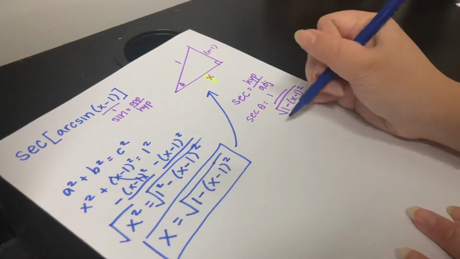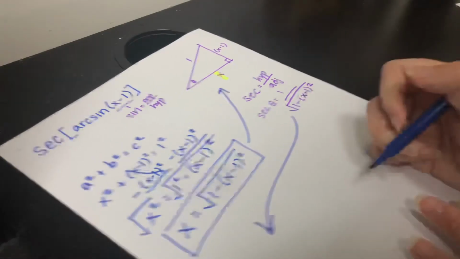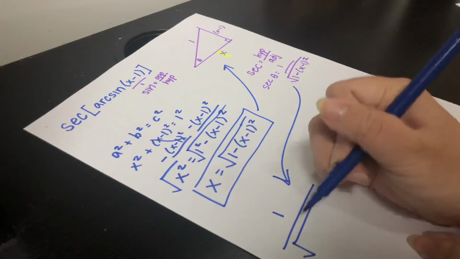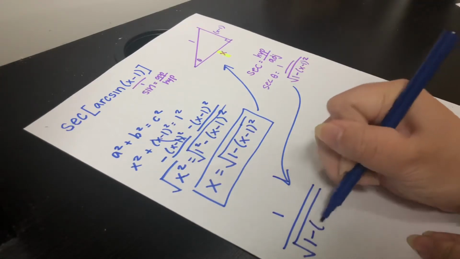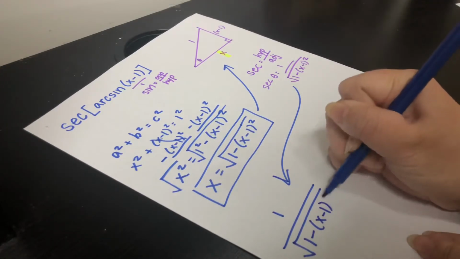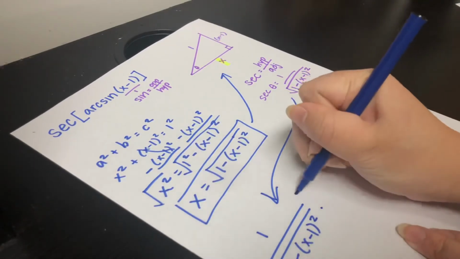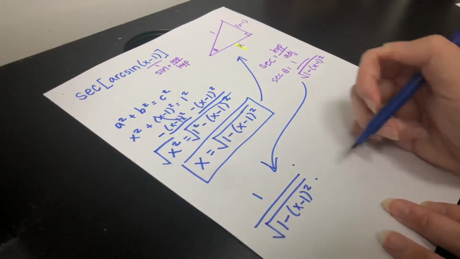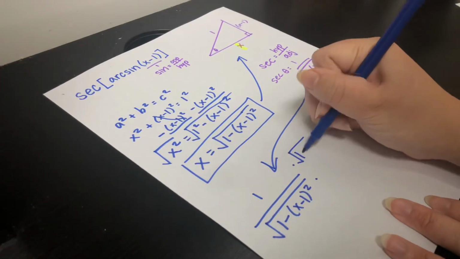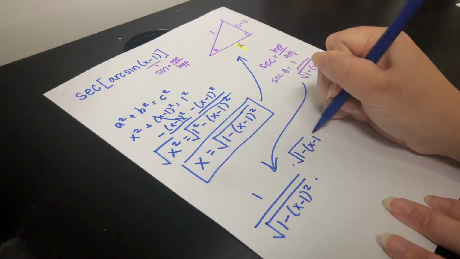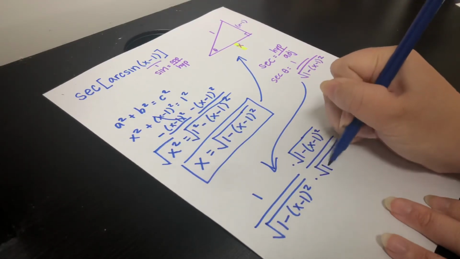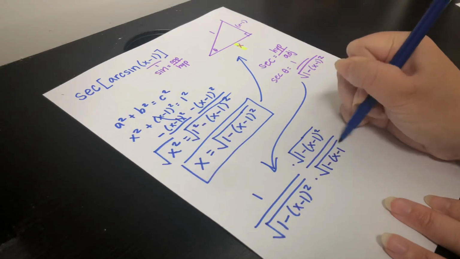So from here, we bring it down and rewrite it as 1 over the square root of 1 minus (x minus 1) squared. We multiply the top and bottom by the square root here to make sure we rationalize the denominator.